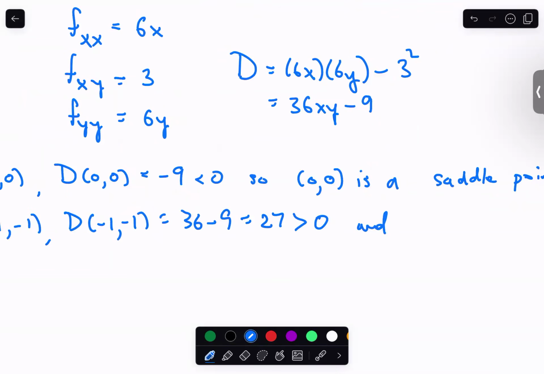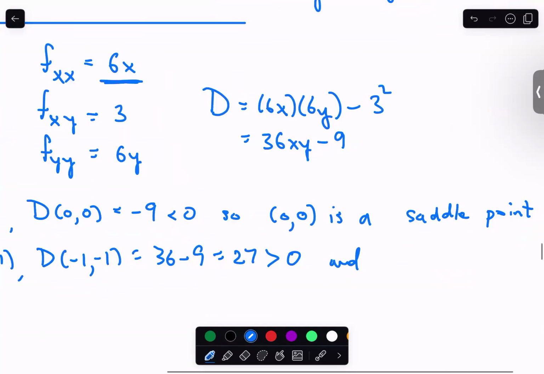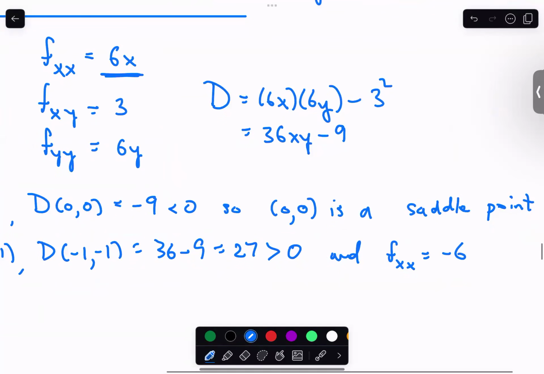So in calculus 1 world, we need to look at our second derivative. Our second derivative, both with respect to x, is 6x. So f sub xx is equal to -6, because again, we need to plug in our specific values, -1 for x, -1 for y. There doesn't happen to be any y's currently.